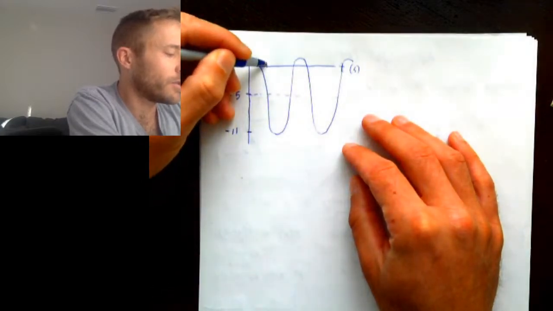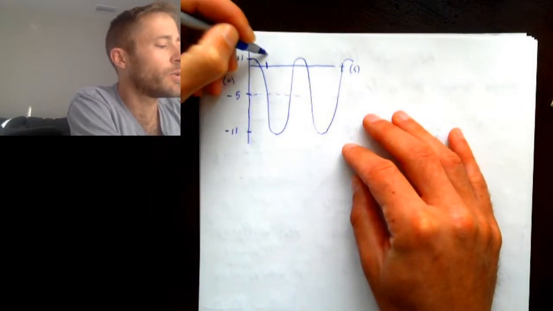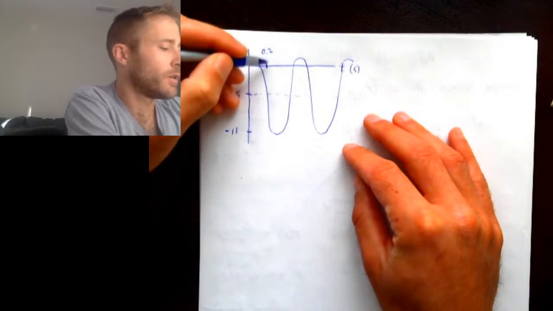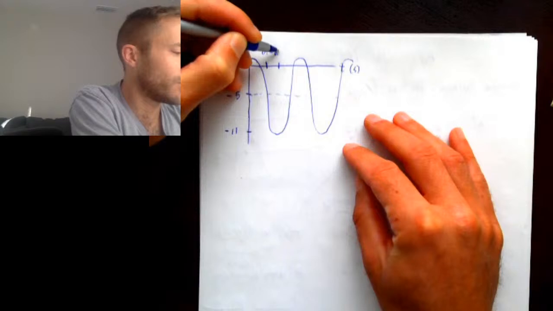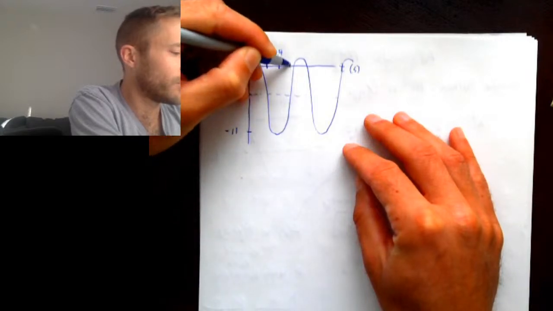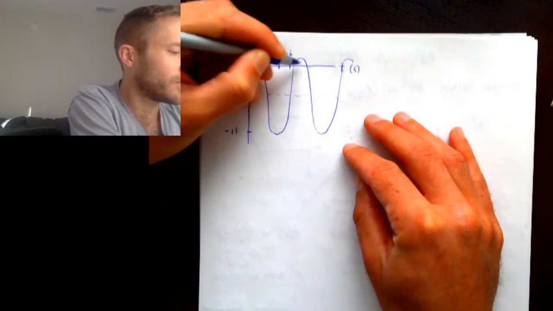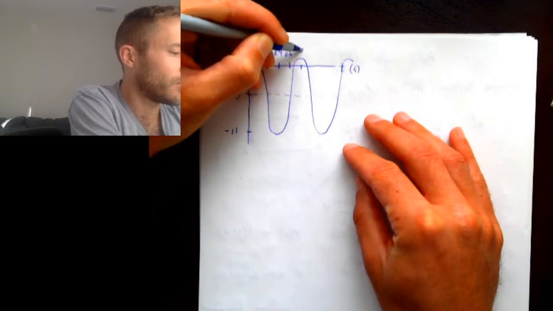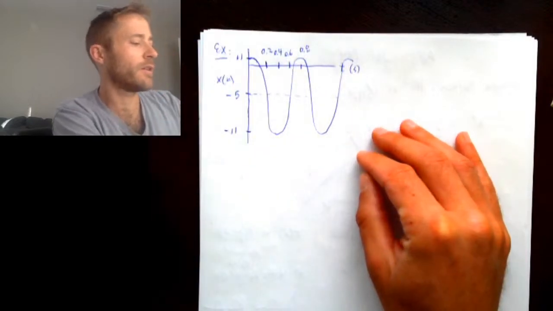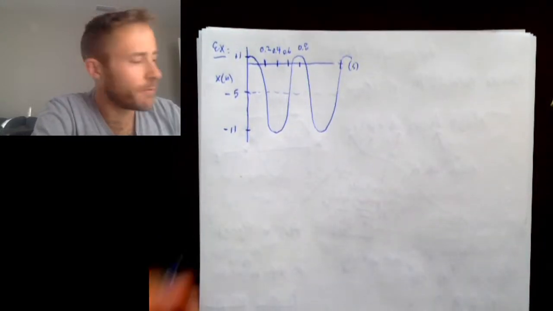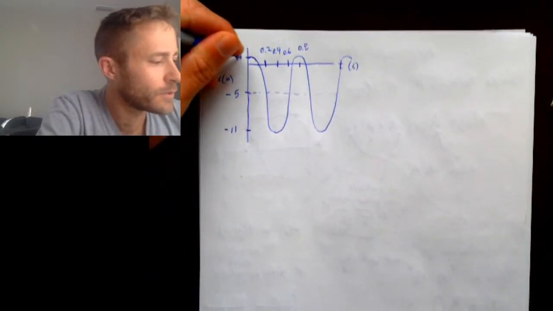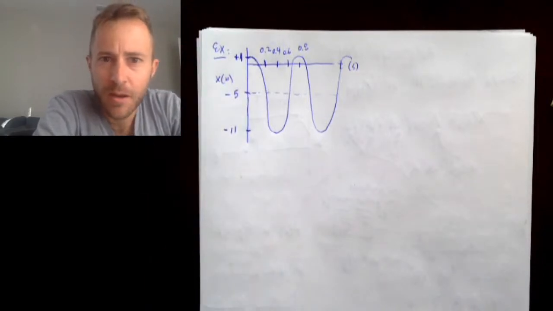This is 0.2 seconds, this is 0.6, this is 0.8. So we have this graph. Sorry, that took me a while to draw.